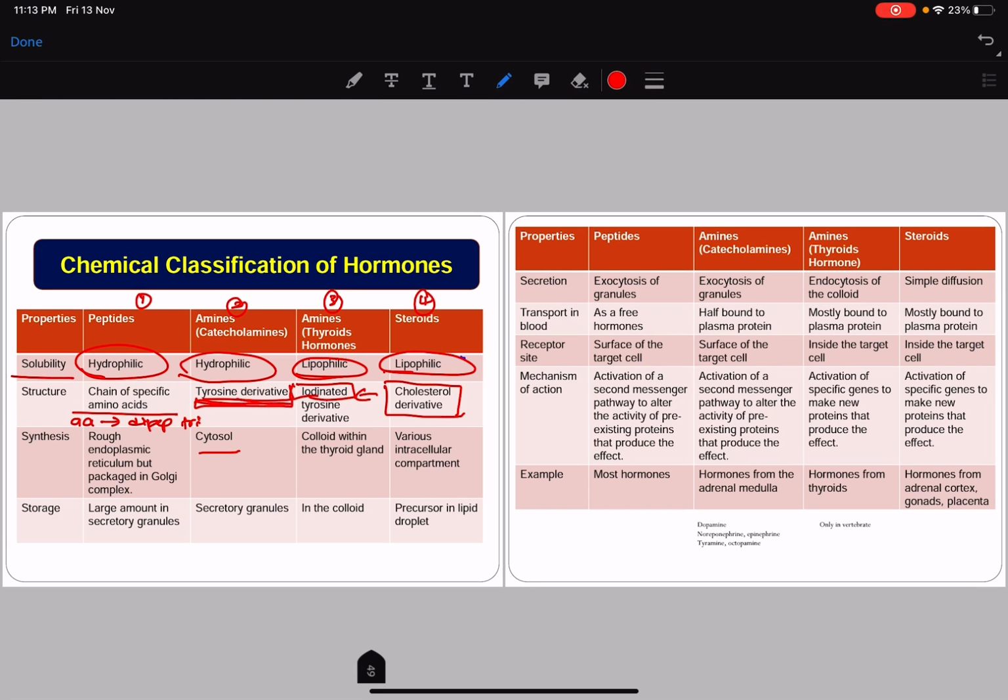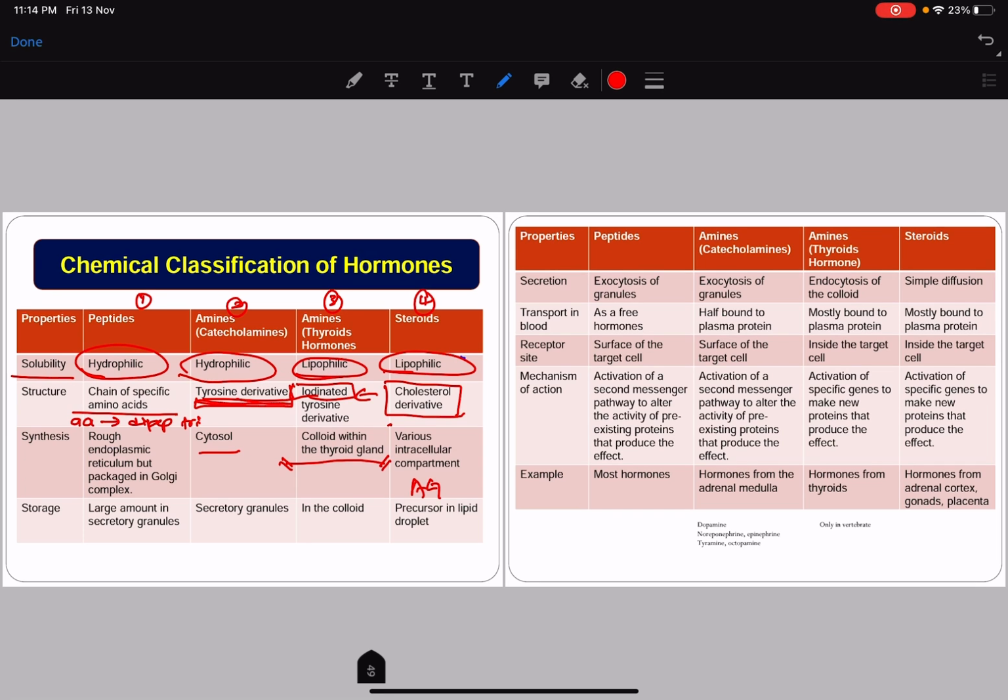For thyroid hormones, the synthesis is in the colloid within the thyroid gland. So amine thyroid hormones can only be secreted by the thyroid gland. For steroid hormones, the synthesis can be in various intracellular compartments, usually the gonads and the adrenal gland, in different regions of the adrenal gland.